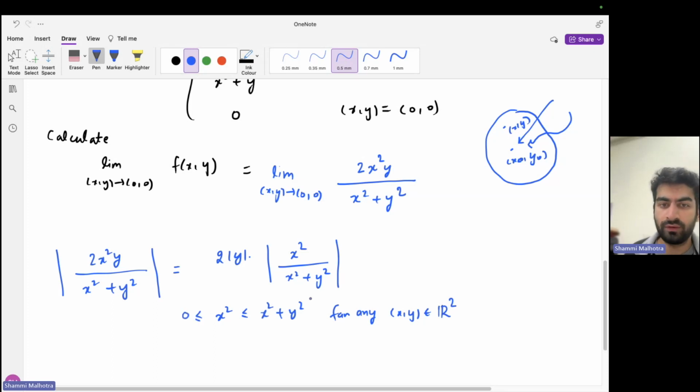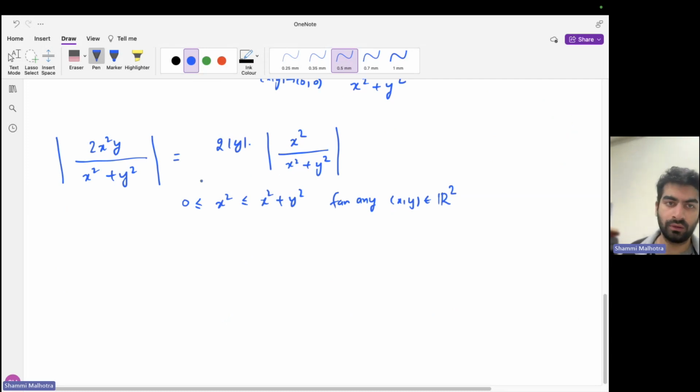So the ratio of x square divided by x square plus y square is always less than or equal to 1. I can take advantage of this fact and bound our function. So this is twice mod y times something less than 1, which is just 2 times mod of y.